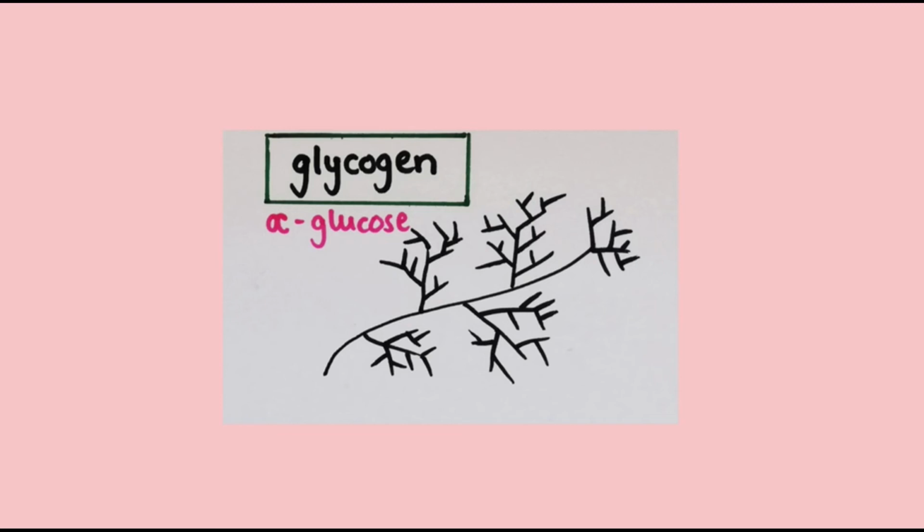This means that the glucose can be released even more quickly when energy is needed. This is more important in animals than in plants. Glycogen is also really compact and, of course, insoluble, which means it's excellent as an energy storage molecule.